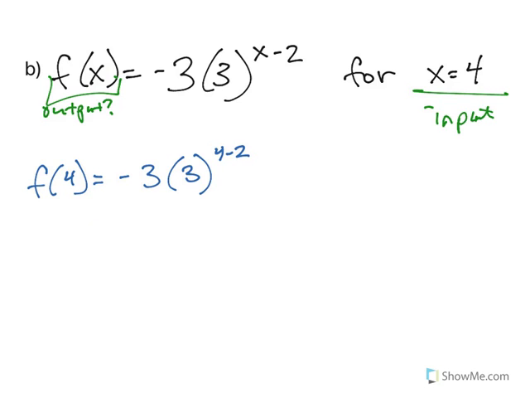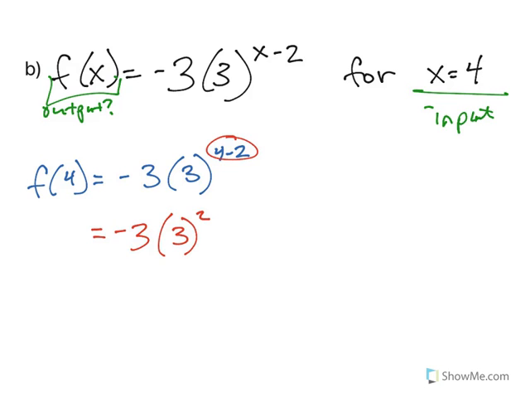Now we have to do our order of operations. There's nothing to do inside the parentheses because inside the parentheses we only have the 3. So we look to the exponent. The exponent is 4 minus 2, and 4 minus 2 is 2. Great. So now I have -3 times 3 raised to the 2nd power.